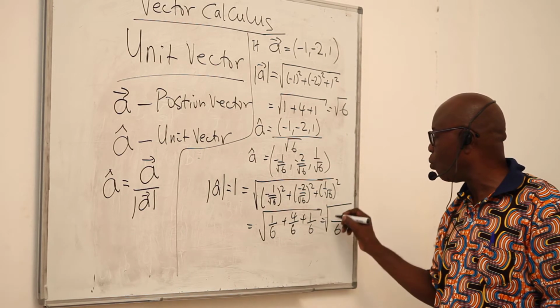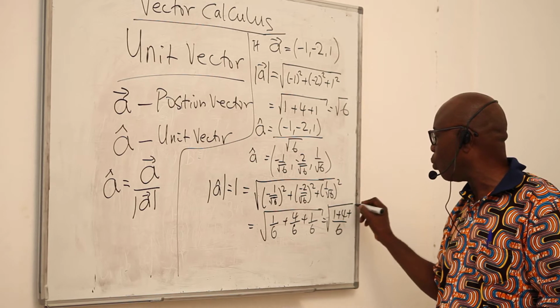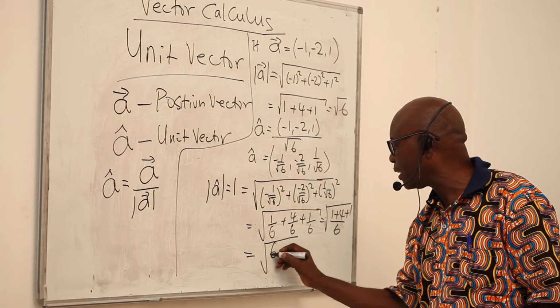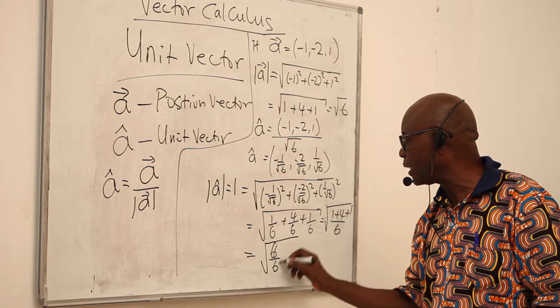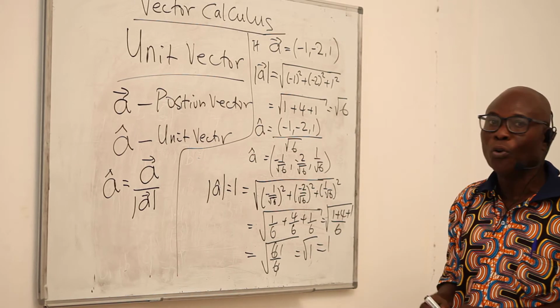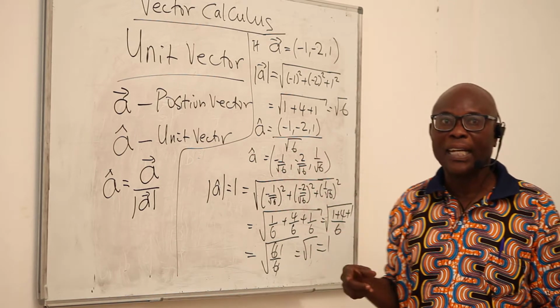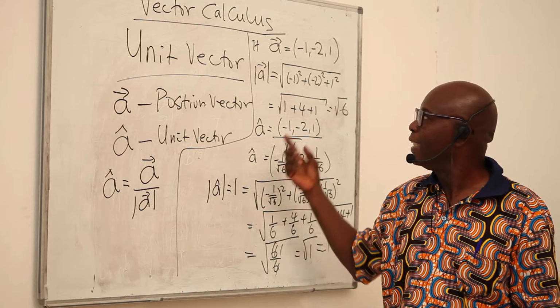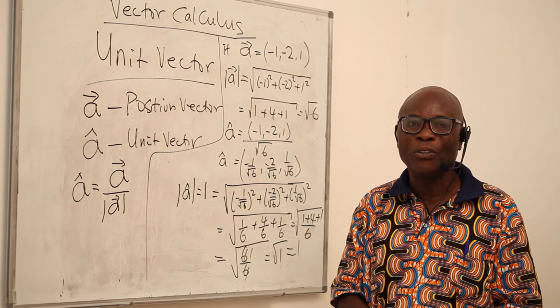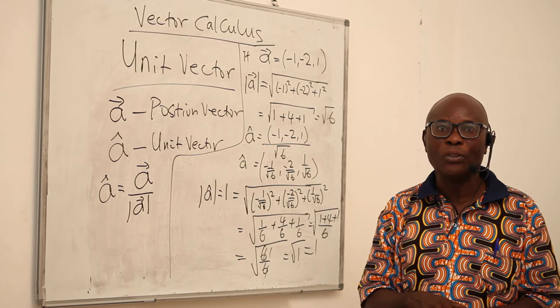So if you add 1 plus 4 plus 1, we have the square root of 6 over 6, which translates into the square root of 1, which gives us 1. And so this is a genuine unit vector, because the magnitude is 1.